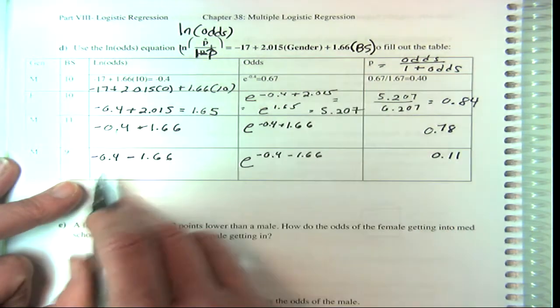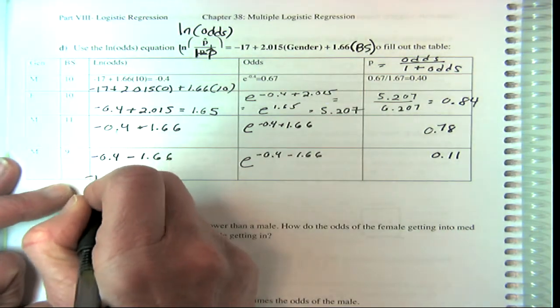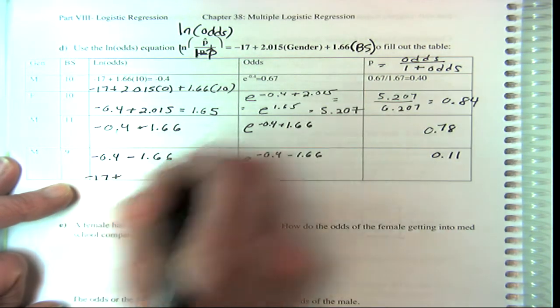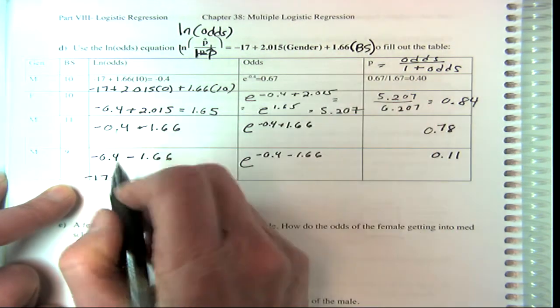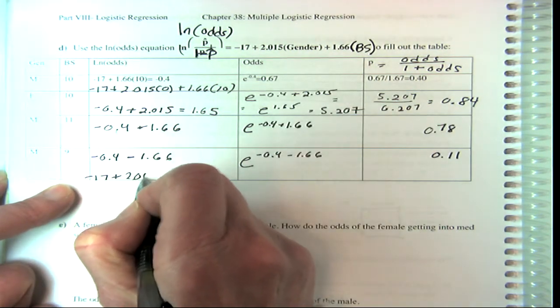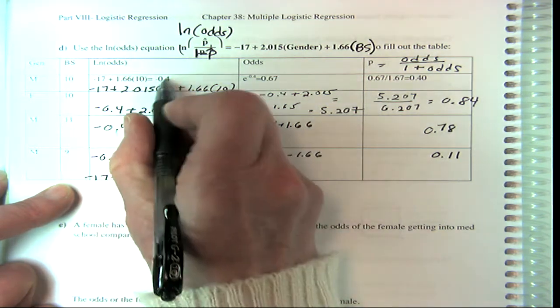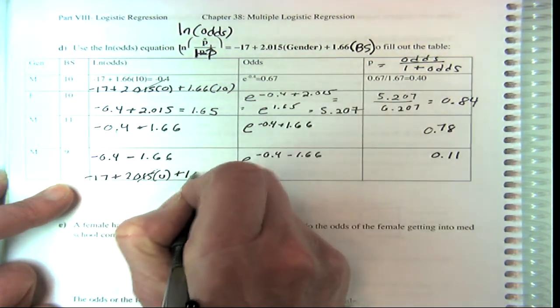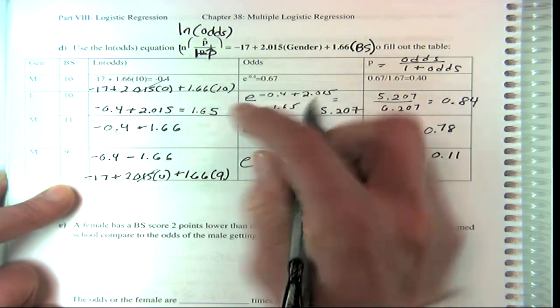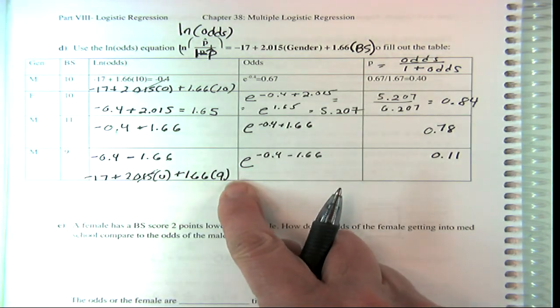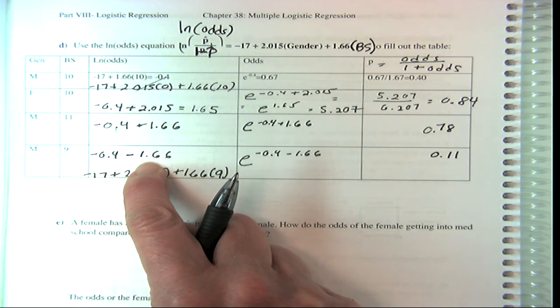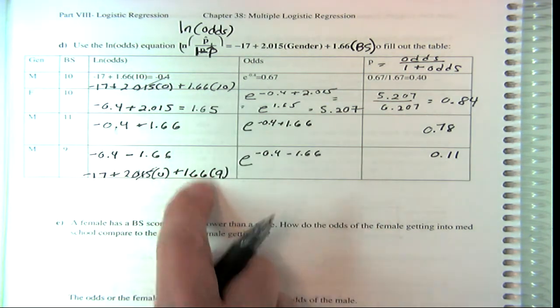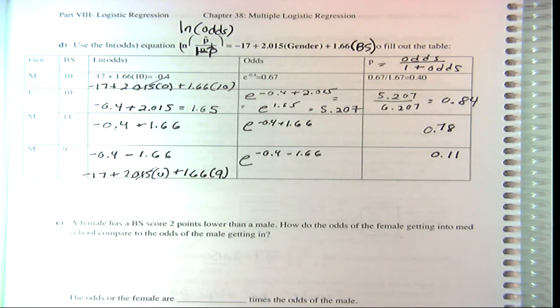Another way you could do this is to say negative 17 plus gender is 0, so 2.015 times 0, the same as this one. And now you'd say plus 1.66 times 9 instead of 10. So it's subtracting off a 1.66 compared to that. Okay, any other questions?